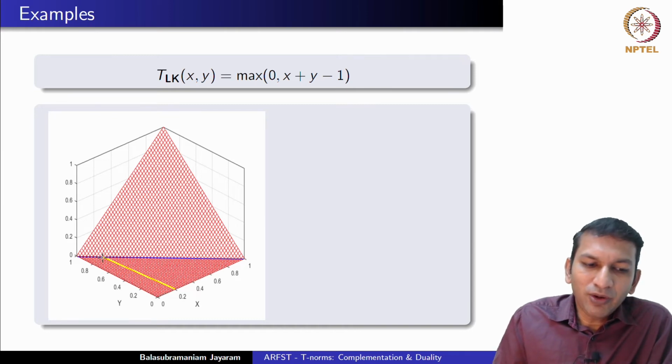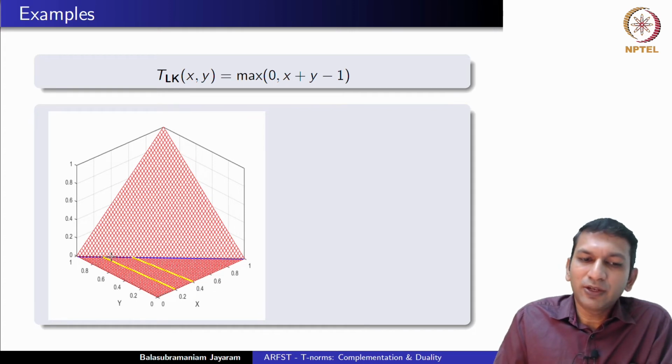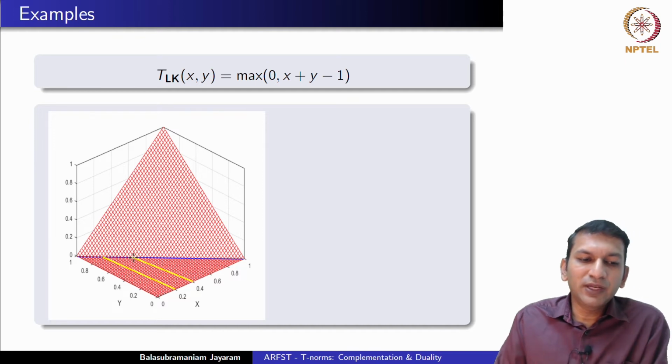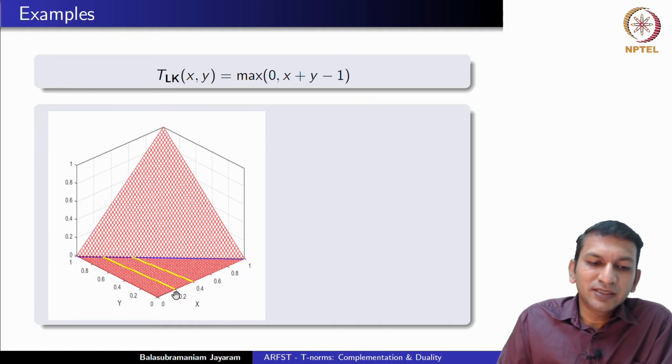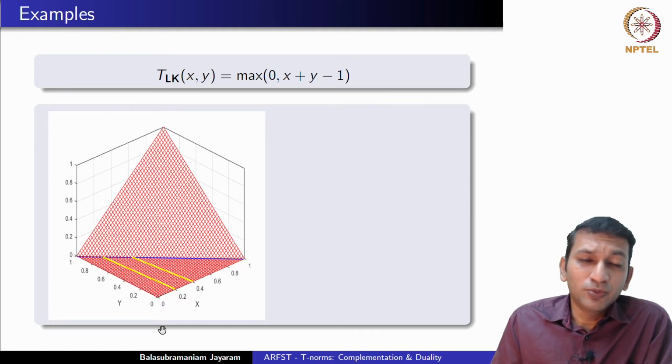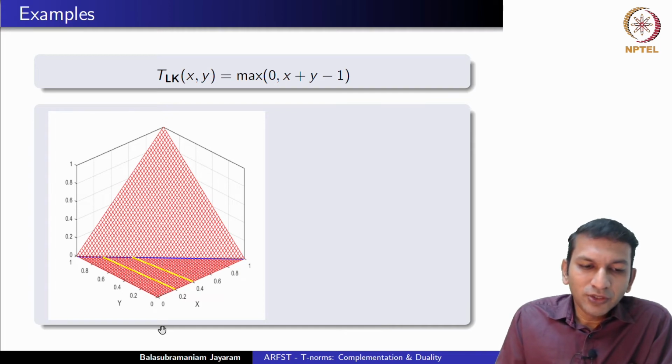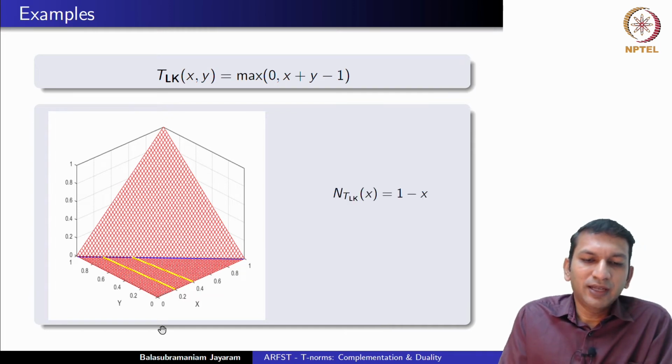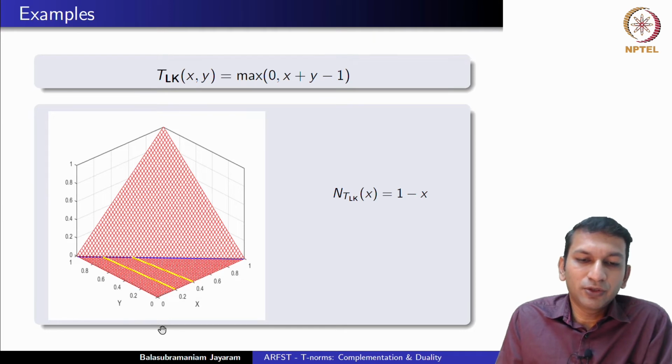So essentially what you are characterizing is the boundary of the T-norm. Same way, if you take 0.4, how far can you walk? We know that we can walk only till 0.6. Just as in this case, when A was 0.2, you could walk only till 0.8. The moment it is greater than 0.8, then T of 0.2, T is no more 0. So that's how you actually get the natural negation of the Lukasiewicz T-norm to be 1 minus x.